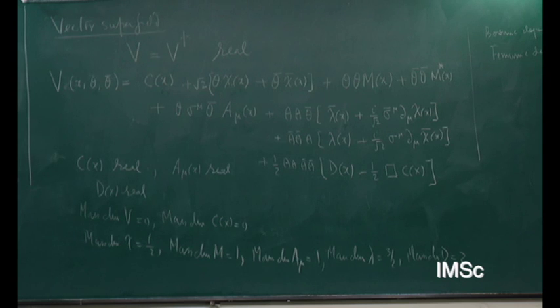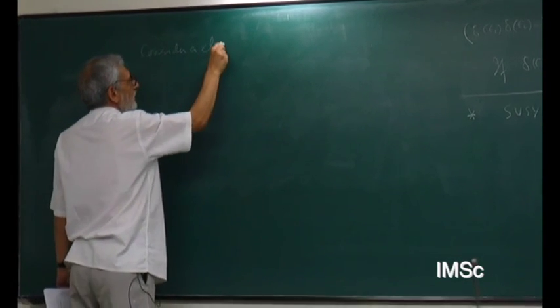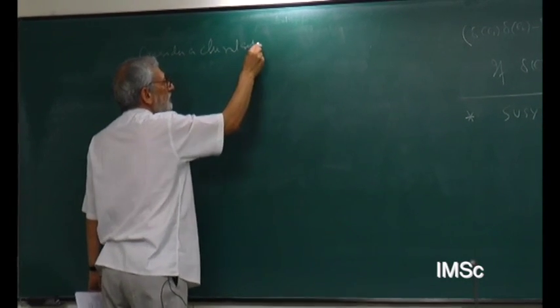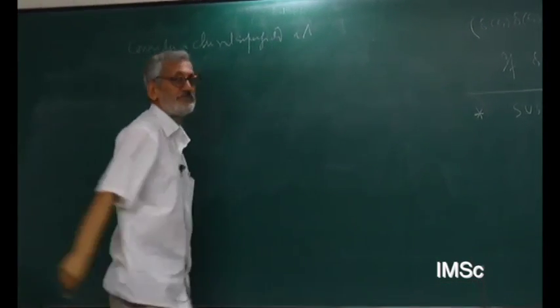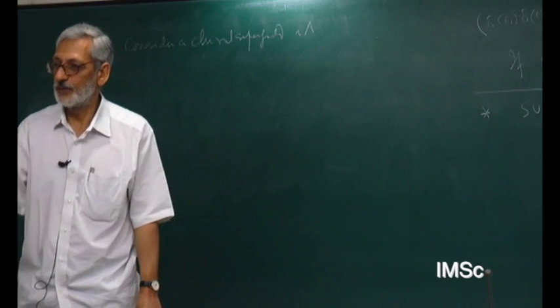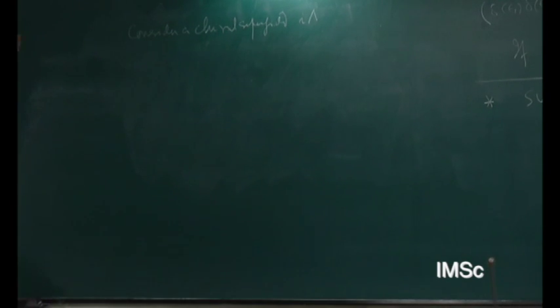To do that, let me construct a chiral superfield. Consider a chiral superfield, and we'll give it a name, i times lambda. i is root minus 1. You just carry an i, that's for convenience.